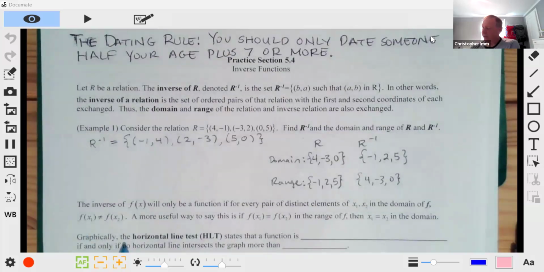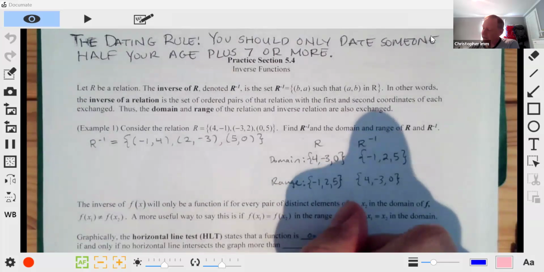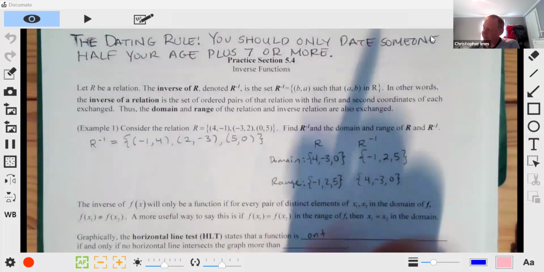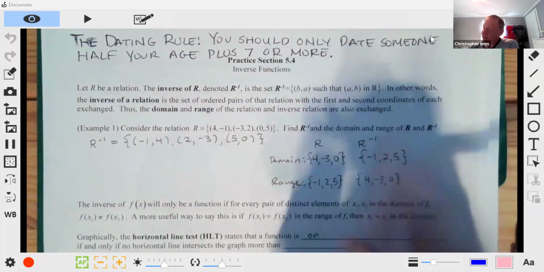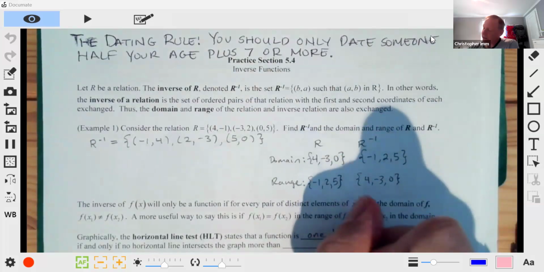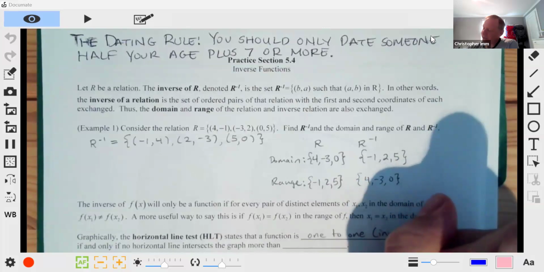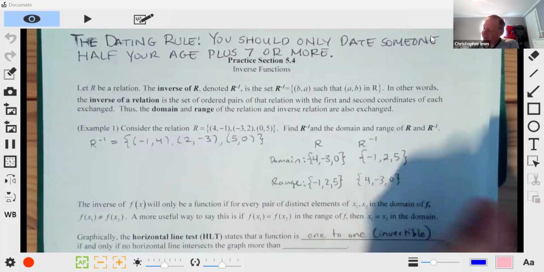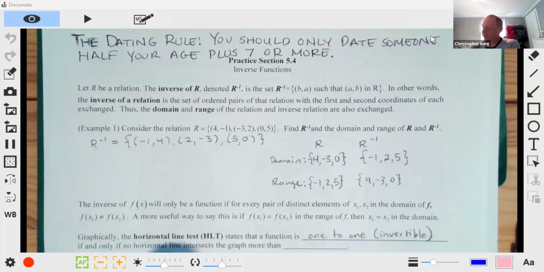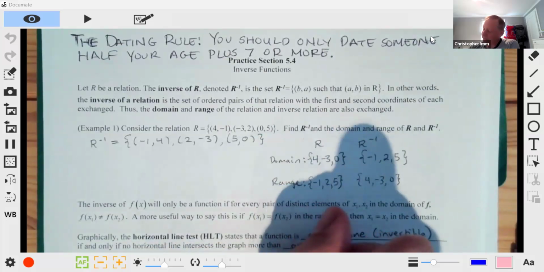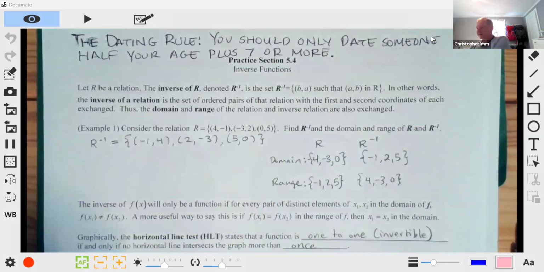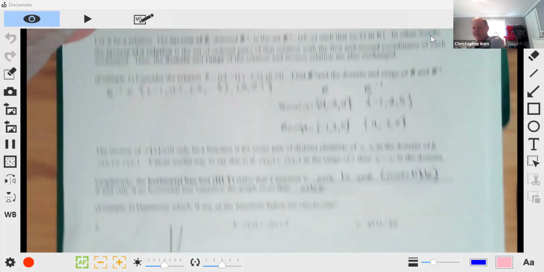So graphically, the horizontal line test states that if a function is 1-to-1, it's going to be invertible. An inverse would exist if and only if no horizontal line intersects the graph more than once. Let's take a look at some examples of this.